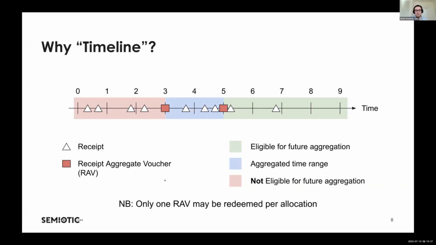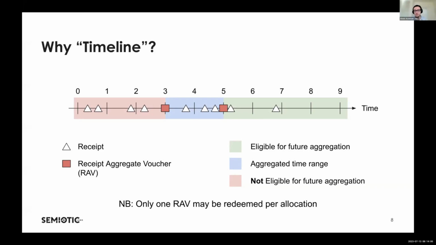As you can see, there are a few more triangles, but we're also asking for a new receipt aggregate voucher at time 5. So the indexer is going to send the previous last RAV, which is at time 3, plus those 3 receipts between times 3 and 5 in the blue area. And that now makes any receipts prior to time 5 ineligible for future aggregation, right?